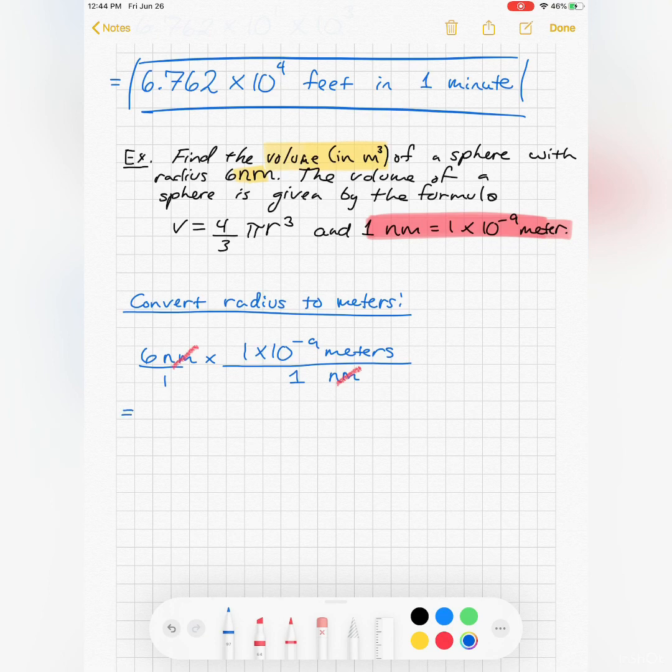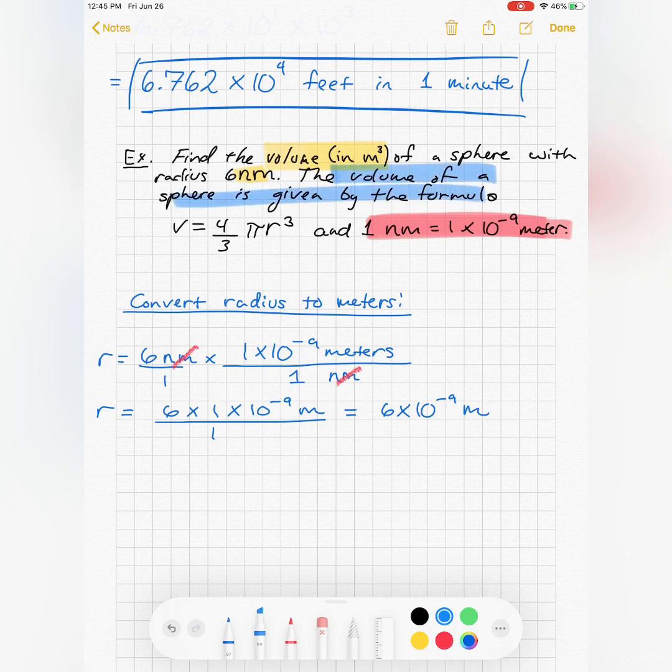So let's see, then I'm going to have 6 times 1 times 10 to the negative 9 meters. This is my radius over 1, okay? So that's just 6 times 10 to the negative 9 meters. Okay, now I can answer the question about the volume using this formula.